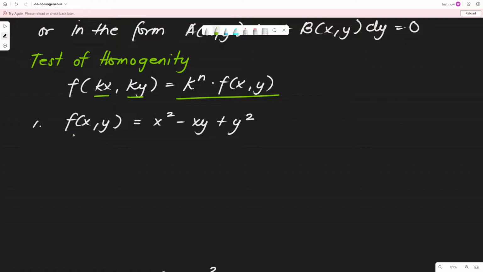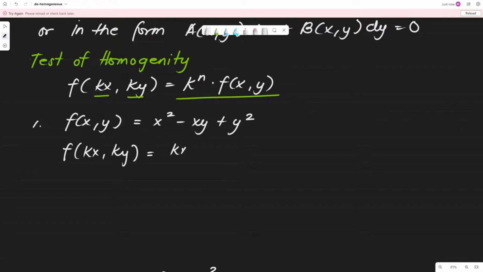We have here f of x and y is equal to x squared minus xy plus y squared. This is our original function. Let's substitute: we have f of kx, ky. We just substitute in all the x's and y's.